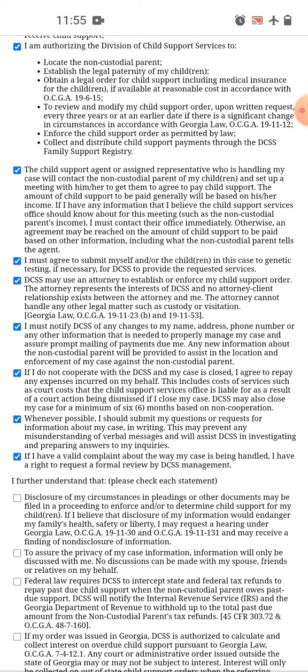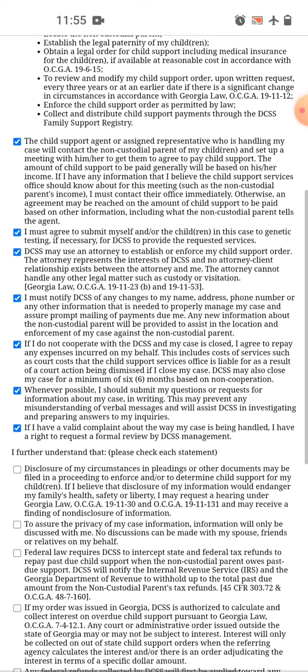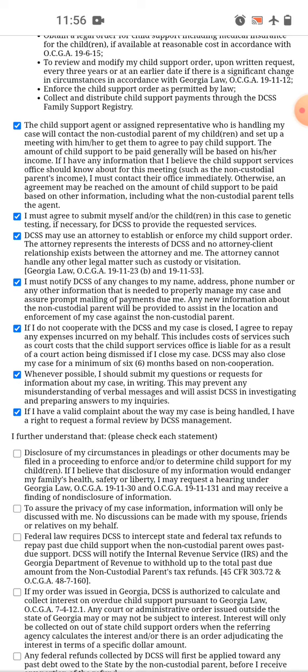I must notify DCSS. Well, I already read that part. The third from the last bullet point, the blue one anyway: If I do not cooperate with DCSS and my case is closed, I agree to repay any expenses incurred on my behalf. This includes costs of services such as court costs that the child support service office is liable for as a result of the court action being dismissed.